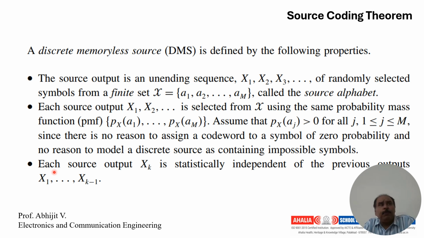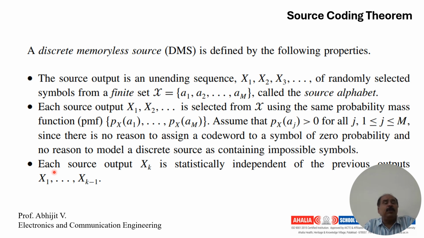So each source output xk is statistically independent of the previous outputs, that is, from x1 to xk minus 1. We have a set of symbols that we are going to encode and we are going to transmit. Now what we are defining is what is meant by a discrete memoryless source. Okay.